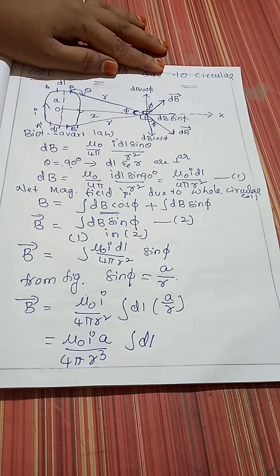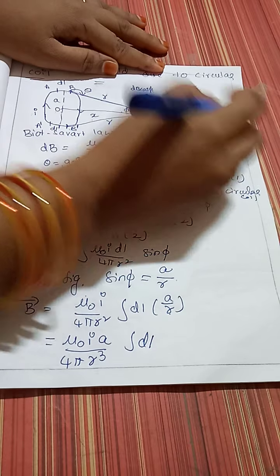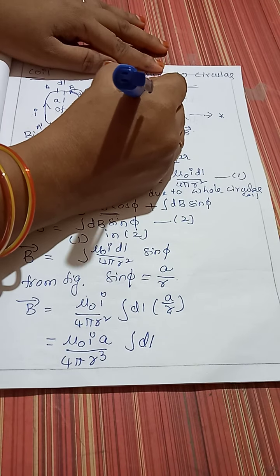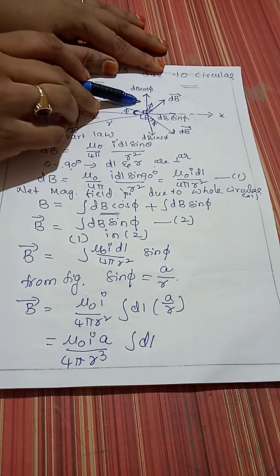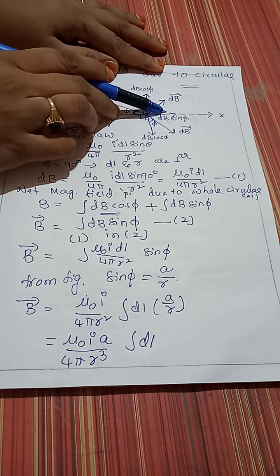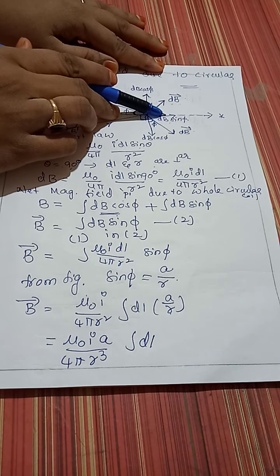Now we have to resolve dB into two components: one at right angles to the axis of the coil, the other along the axis.